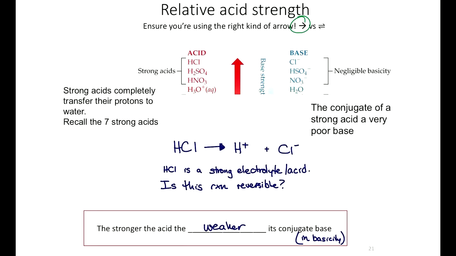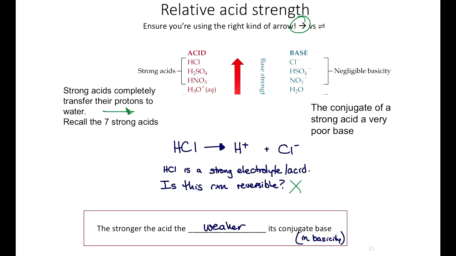Strong acids completely transfer their protons in water. You get this kind of arrow. All right, HCl is a strong electrolyte. So then I ask you, since we determined what kind of arrow this is, is this reaction reversible? No, it's not, because if it was, I would use the other arrow, right?